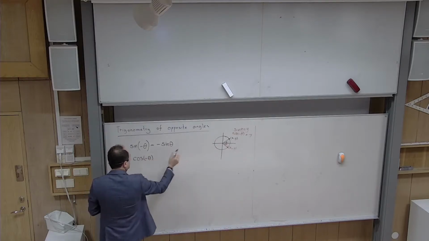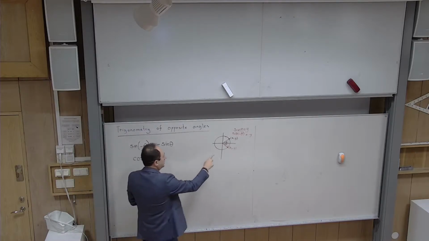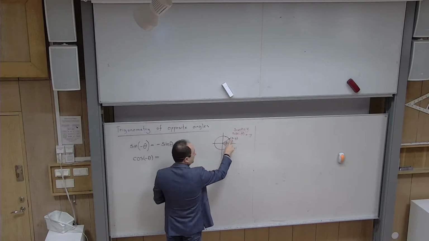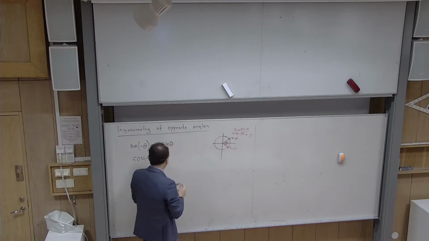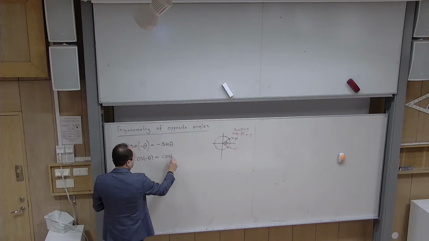What is cosine? You see that cosine is the x coordinate, and theta and minus theta have the same x coordinates, yes? So it means that cosine of minus theta is exactly equal to cosine theta.